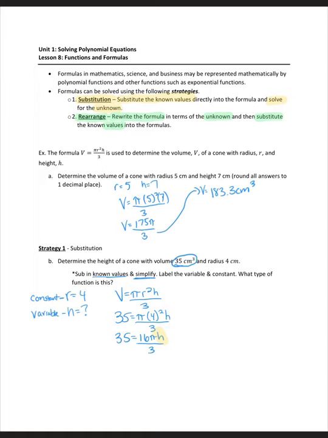I'm going to start by multiplying my 3 over to the other side. So we'll have 35 times 3 equals 16 pi h. That's 105 equals 16 pi h. Now I can divide both sides by that 16 pi.